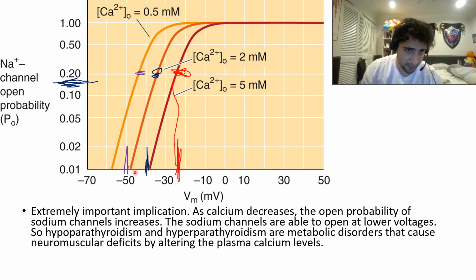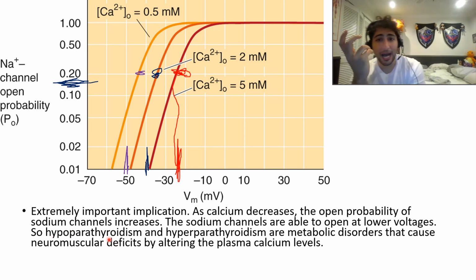At any given voltage, the lower the amount of calcium, the increased probability of sodium firing. So as calcium decreases, the open probability of sodium channels increases. The sodium channels are able to open at lower voltages.